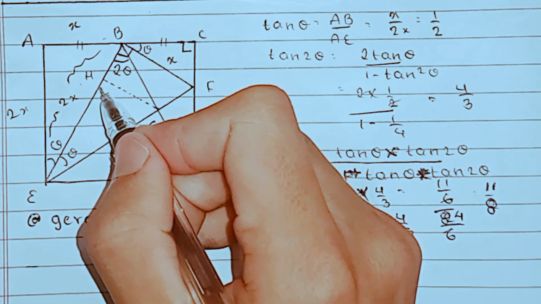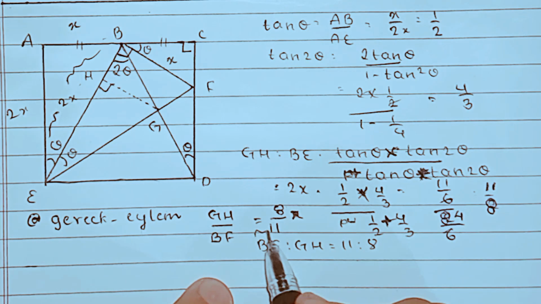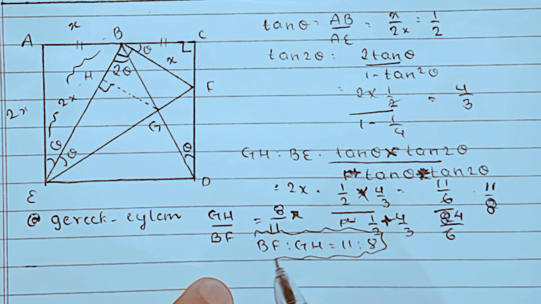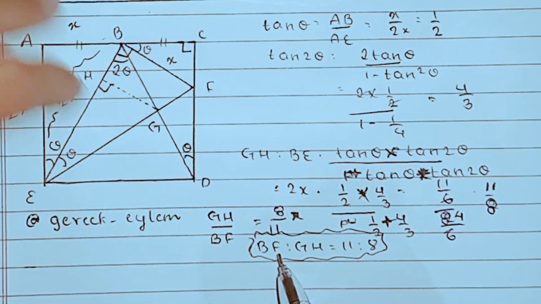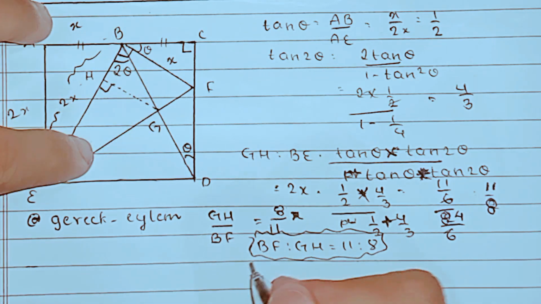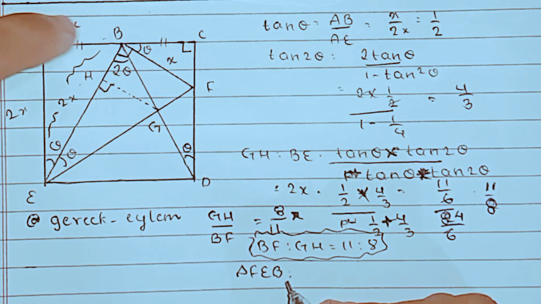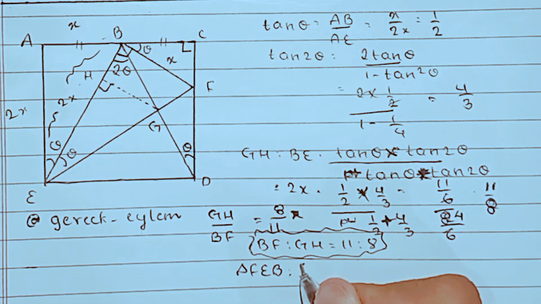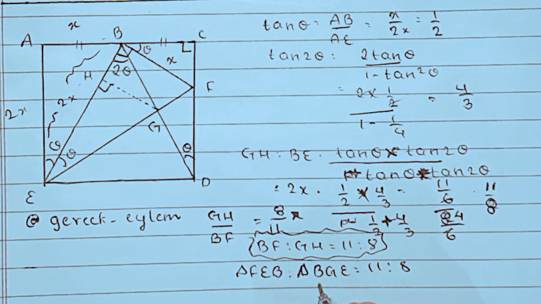So this line is also perpendicular, as already proved by the construction. If we have this ratio, then we can use it to find the ratios of these areas. BF is the altitude of triangle FEB, and GH is the altitude of triangle BGE, so the areas are in the ratio 11 is to 8.